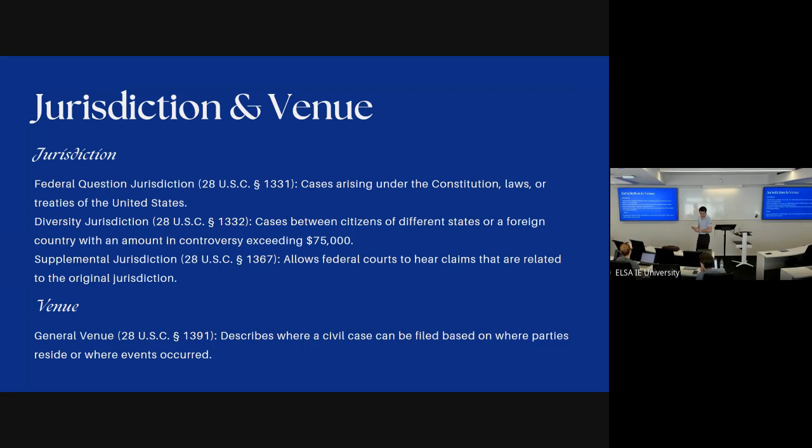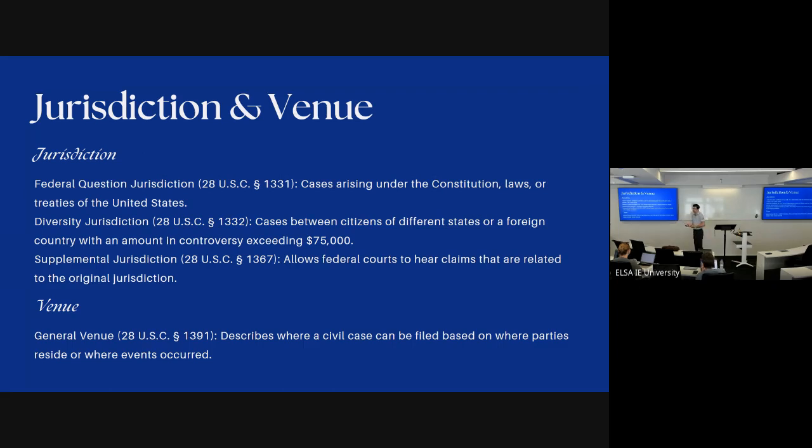And then there is supplemental, which basically allows federal courts to hear claims over which they don't have original jurisdiction. Even if it was started in a New York court, you can petition the federal court, saying that this is more of a federal question to be answered. It loops back over to federal jurisdiction.